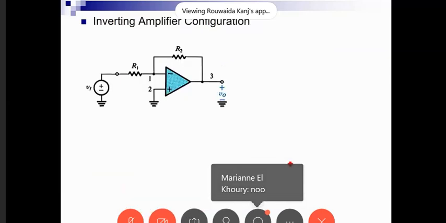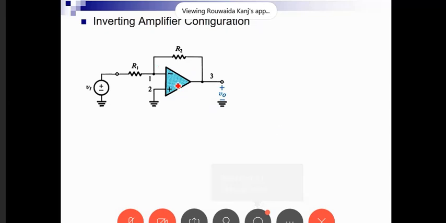So the first configuration of the amplifier is the inverting amplifier configuration, where I really have a ground at the non-inverting input, and I have a connection of Vn here, connected to R1 to node 1, and then node 1 is connected via R2 to node 3, which is the output.